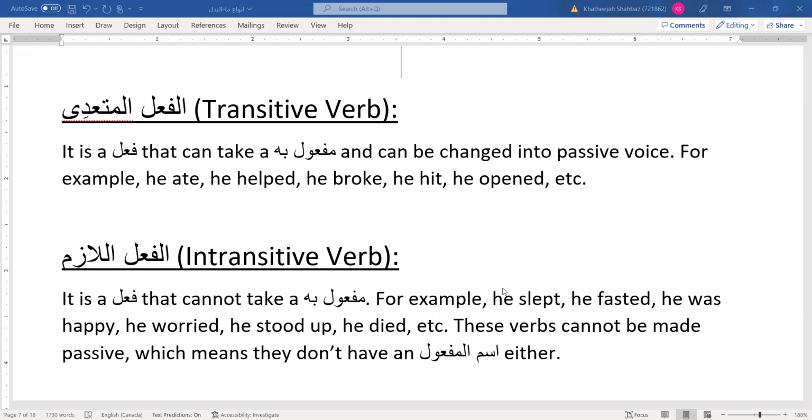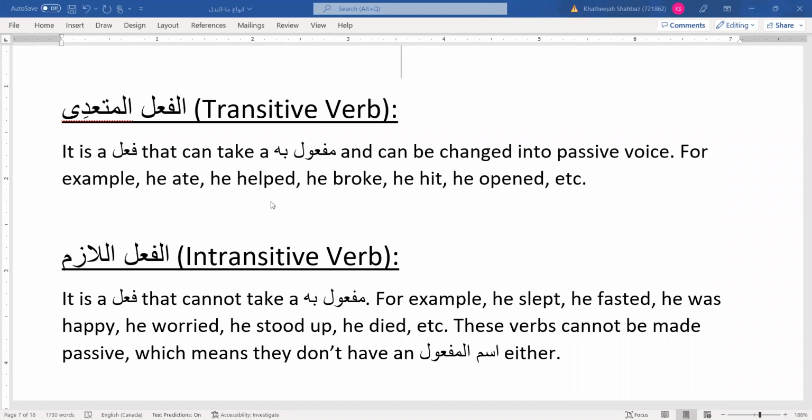I didn't even mention the word mansub here. I'm not talking about mansub or anything like that. He helped is a verb. It's a transitive verb. It can take a maf'ul bihi and it can be changed into passive voice. That's all I'm talking about here.